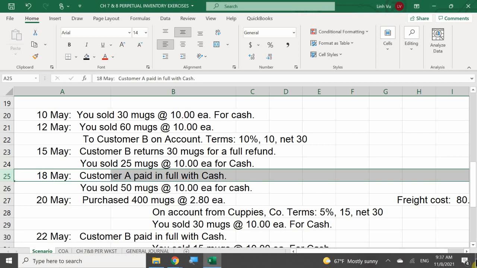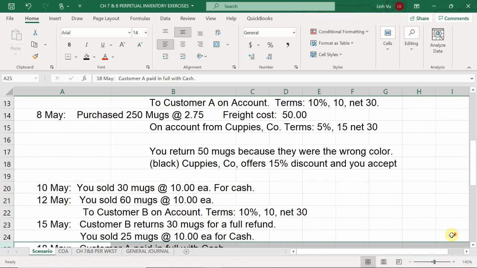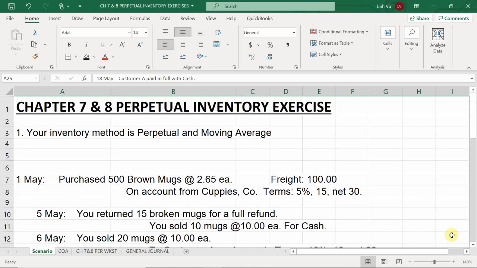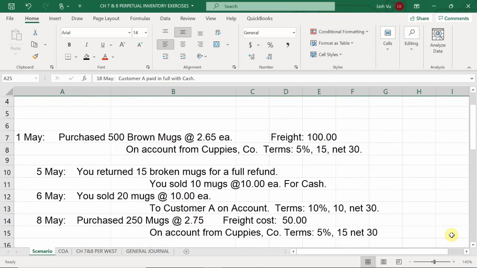So let's take a look at when we sold to customer A. We sold to customer A on the 6th of May, okay? In this case, right, we gave customer A some terms. Did customer A meet the discount period?